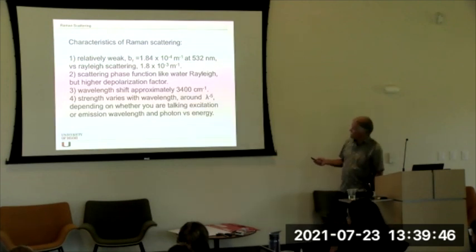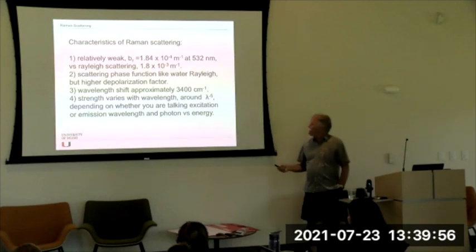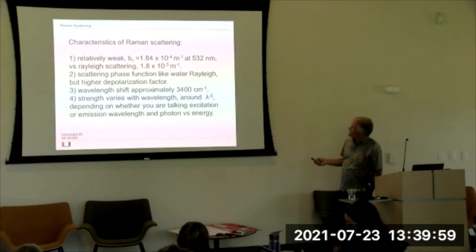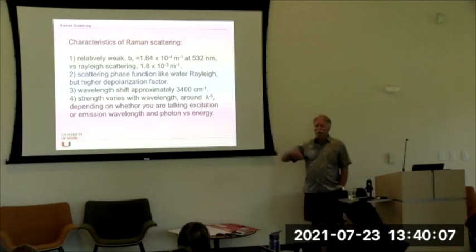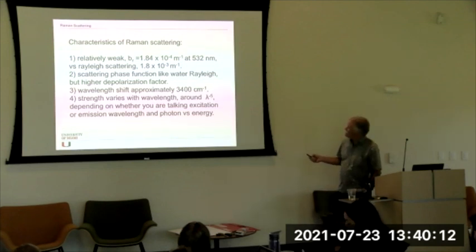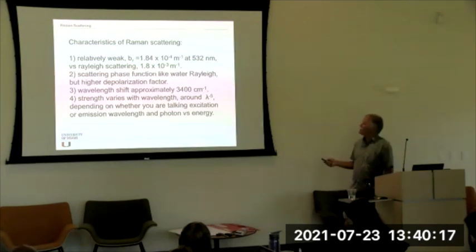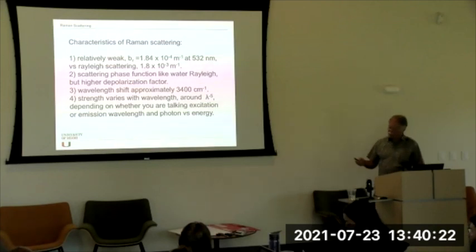There's a wavelength shift, which I just told you, and the strength varies. With Rayleigh scattering, it's supposed to fall off as lambda to the minus 4. With Raman scattering, it's lambda to the minus 5, but it depends on whether you're talking about the excitation or the emission wavelength, because of these wavelength shifts, the exponent changes. And also whether you're talking about photons or energy.